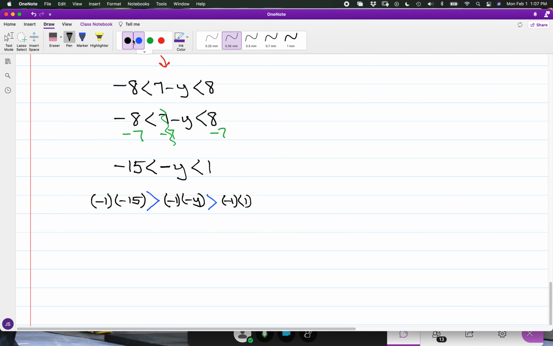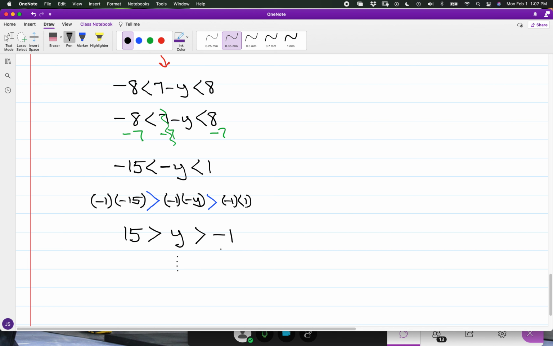So negative 1 times negative 15 is 15. 15 is going to be greater than y, which in turn is going to be greater than negative 1. And if I rearrange the terms, instead of descending order, I'll put in increasing order, so the smallest value on the left, largest on the right.